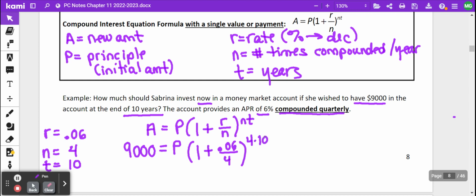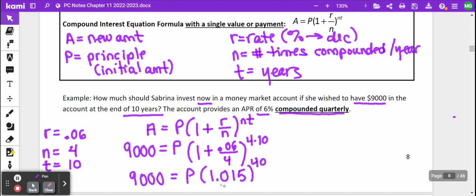See, the deal is they don't give you 6% 4 times. They give you a fourth of that 4 times throughout the year. So what you're going to do is you're going to just put this side into your calculator. So I sometimes turn it into a decimal, but you don't have to. If you did turn this into a decimal, only use this when it's exact, which in this case it is.